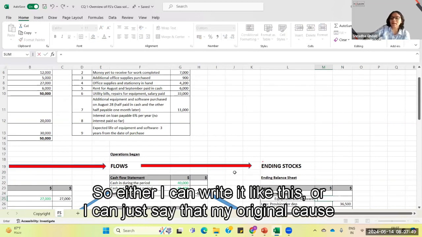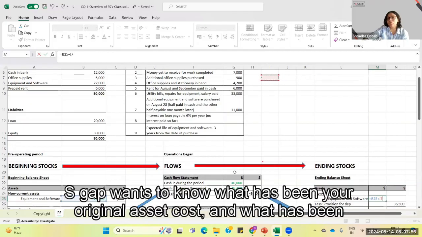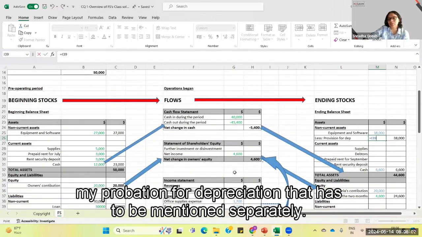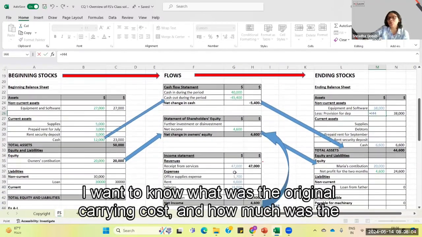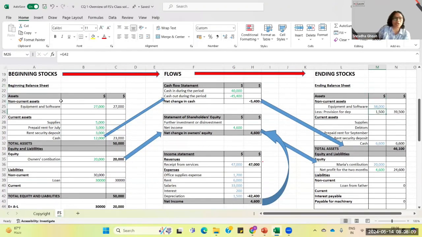Okay, so either I can write it like this, or I can just say that my original cost... US GAAP wants to know what has been your original asset cost and what has been my provision for depreciation. That has to be mentioned separately. I want to know what was the original carrying cost and how much was the figure that was depreciated. So I think I have.